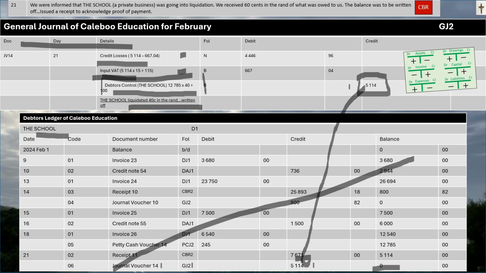If we receive money from the school in the future, we will not record it through the debtor's ledger, but rather just the cash book receipts. And we'll have an account, bad debts recovered, credit losses recovered. But that's just a little bit of extra information.